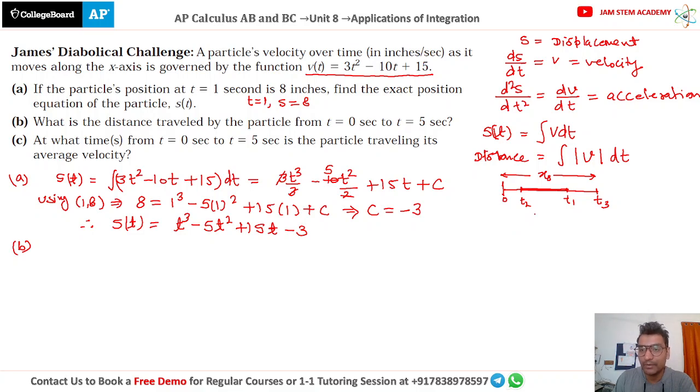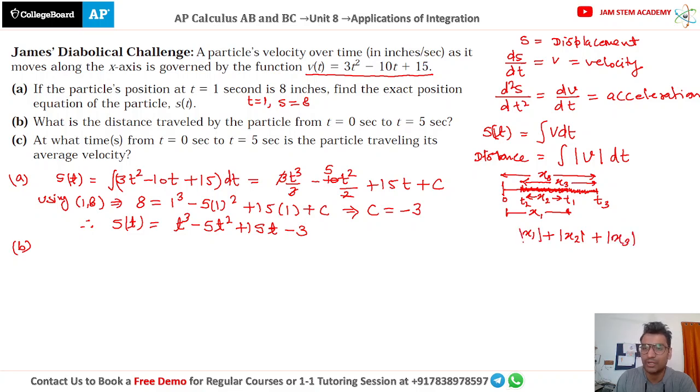Distance will be given by the distance traveled first, which is x1, plus the distance traveled during the interval from t1 to t2, let's call it x2, plus the distance traveled from here to the third point, let's call it x3.